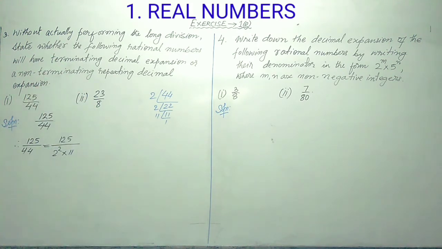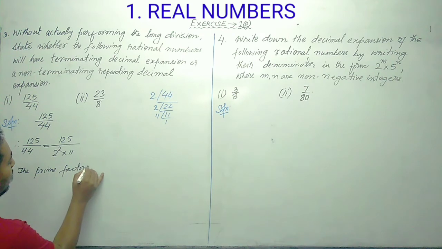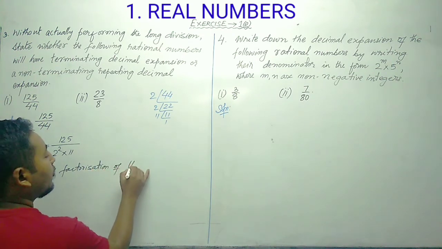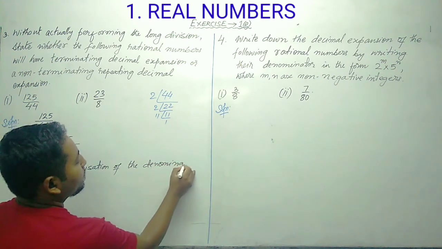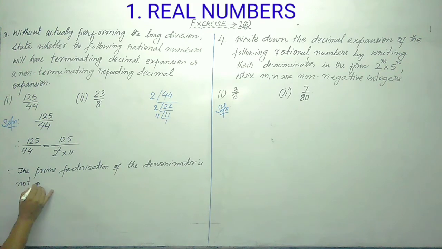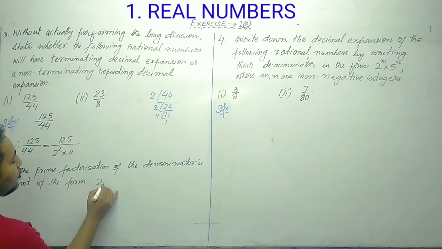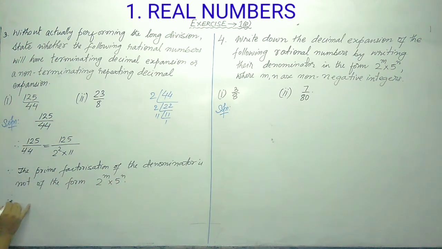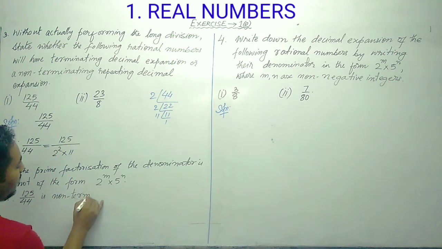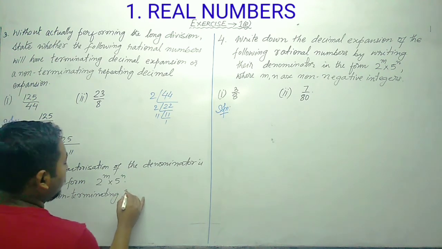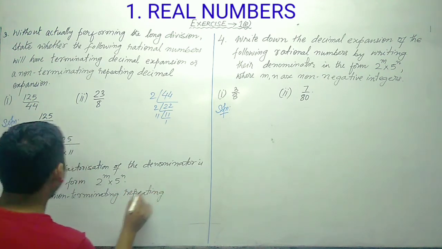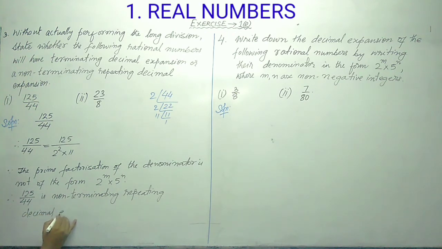So since the prime factorization of the denominator is not of the form 2 to the power m into 5 to the power n, therefore 125 by 44 is a non-terminating repeating decimal expansion.